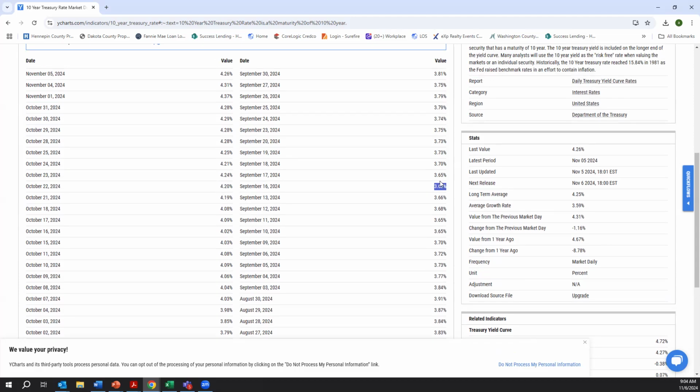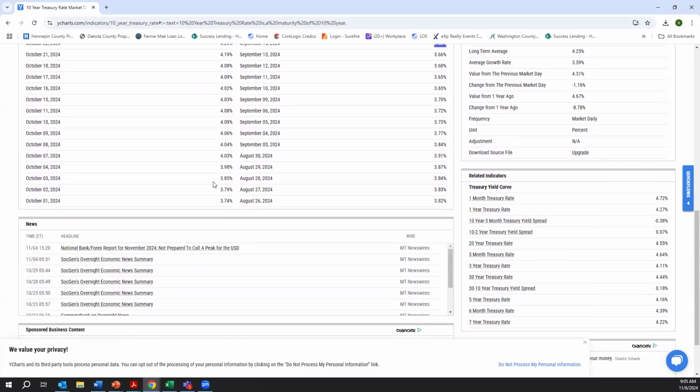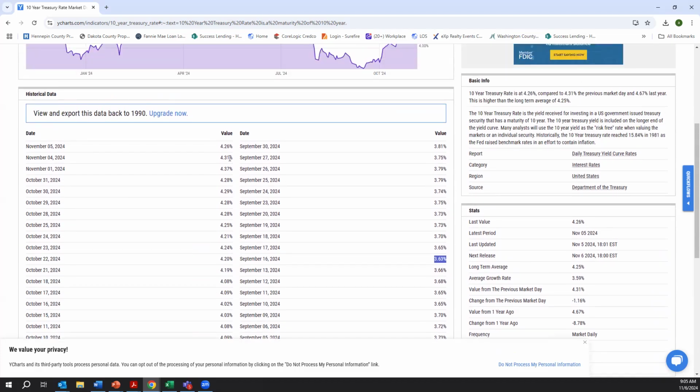Even our company or anybody that's advertising interest rates, guys, there's always going to be points involved. So you've got to look at the APR. I still see people advertising interest rates in the fives because there's 2.5 points involved. That's not something that we're going to want to do in this market, but that's a discussion for a later day. Anyways, you can see right here, although the 10-year bottomed out at that 3.63, every single day after that, over the past month and a half, it's gone up, right?